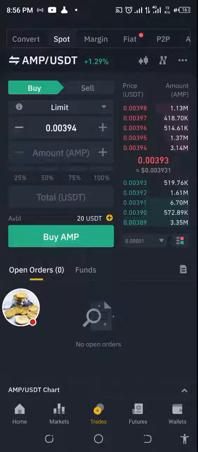So what exactly are we going to start with? Now look at this. This is AMP USDT. So we're looking at triangular arbitrage. For those of you that may not know, triangular arbitrage really is just buying from a particular pair that's the lowest on listed markets and then selling to a particular pair that's the highest on these listed markets so that we can take advantage of the price difference.